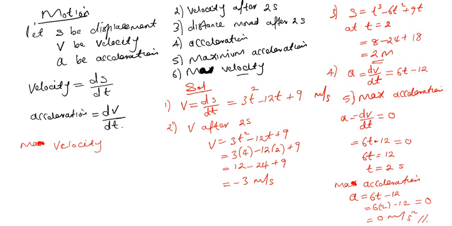So v is equals to change in s over change in t, and we want to equate this derivative to 0. So what was that derivative? V, it was 3t squared minus 12t plus 9, that is our v, equated to 0.